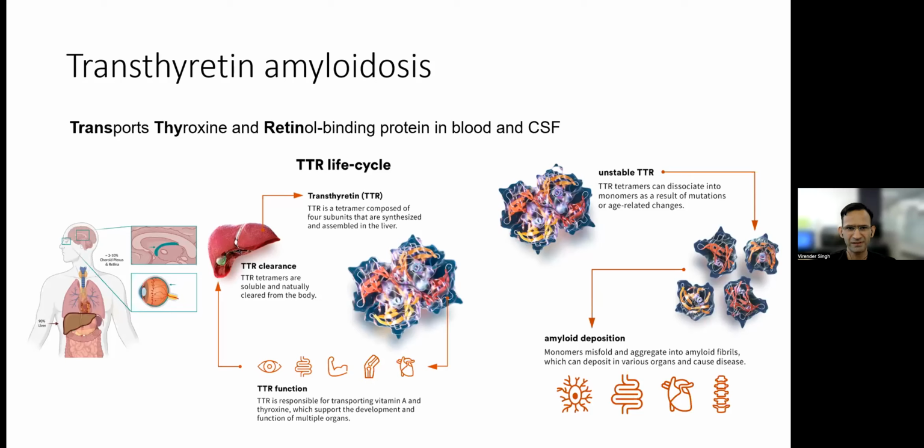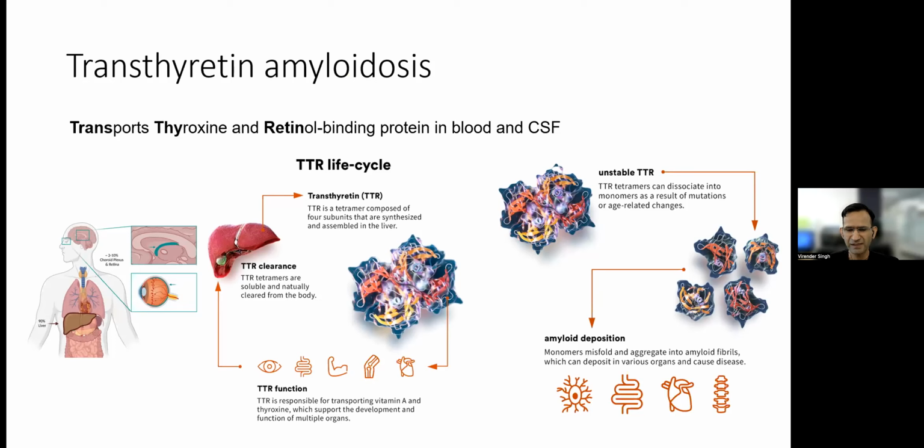Transthyretin amyloidosis, as the name suggests, involves transthyretin, a protein which transports thyroxine and retinol binding protein in both blood and CSF. 90% of the transthyretin is produced in the liver, but 2 to 10% is also produced by the eye, mostly retinal cells, or the choroid plexus.